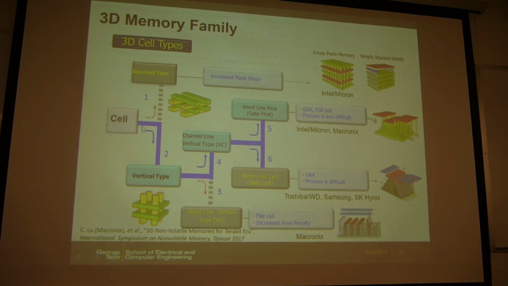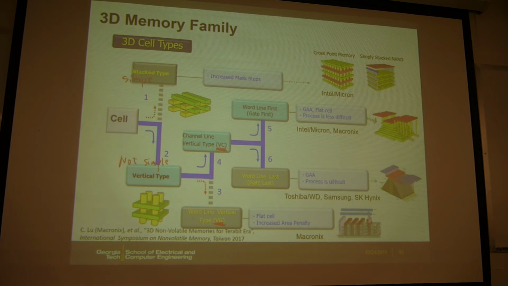And then for the not simply stacked approach, this is simple, and this is not simple. With the not simple, we discussed that we have the vertical channel or vertical gate.